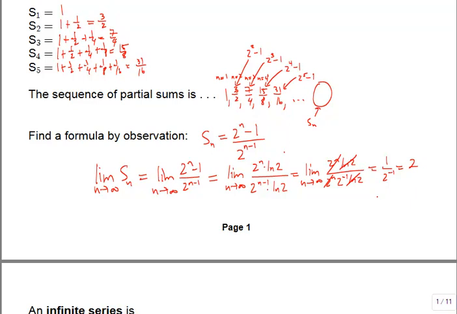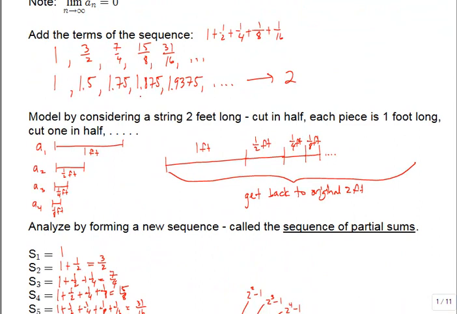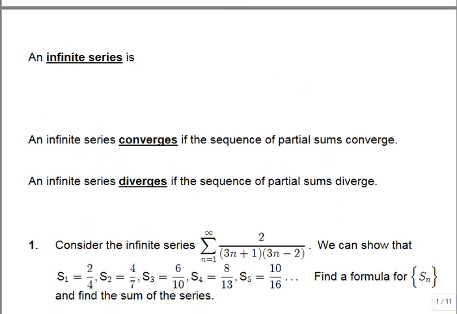So we just proved that the limit of these partial sums was equal to 2. And so our guess back up here that this seemed to be converging to 2 is correct. We showed that the limit of partial sums is equal to 2.